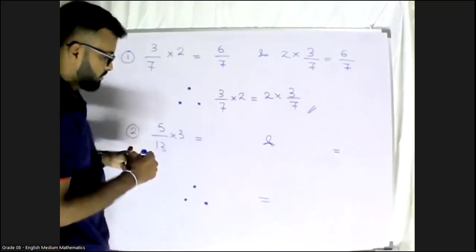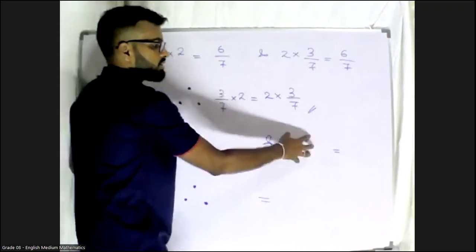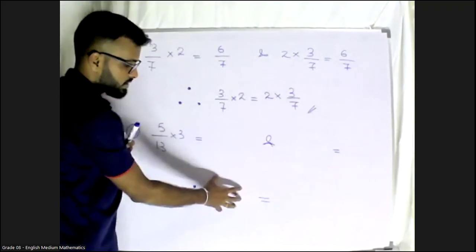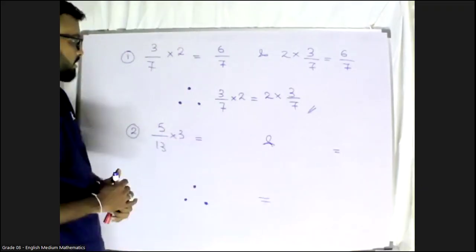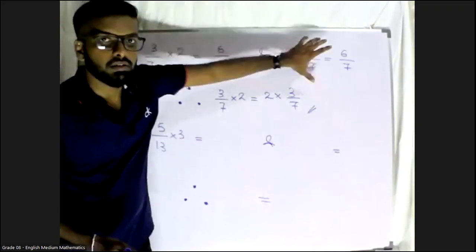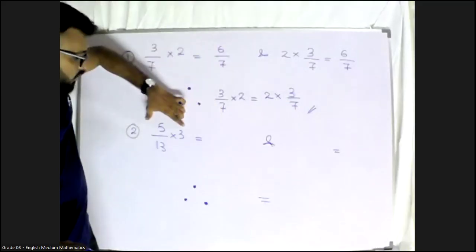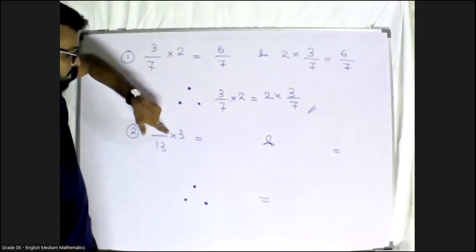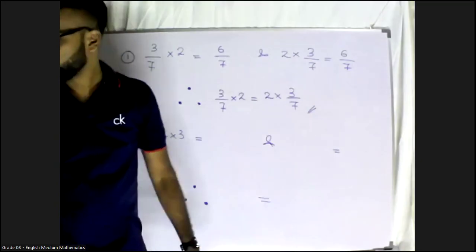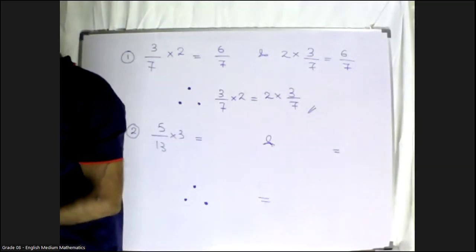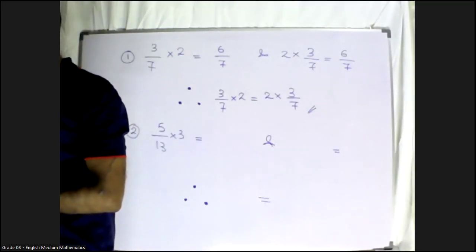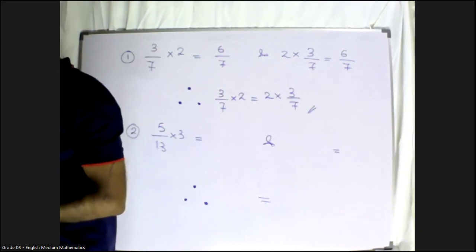Equal. Fill this, fill this, fill this, fill this, and fill this. By using this pattern, same way. Please follow. 5/13 multiplied by 3. And if you finish, you can send it.